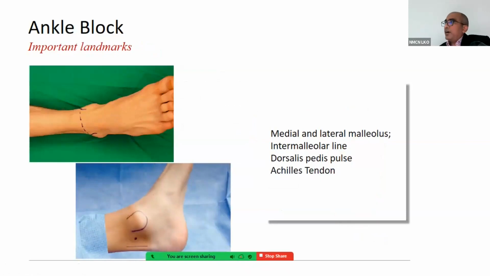Now, the important landmarks which are useful while giving this block are the medial and lateral malleoli, and the intermalleolar line. Then there is the dorsalis pedis artery, which lies medial to the extensor hallucis tendon. Then another landmark is the Achilles tendon.